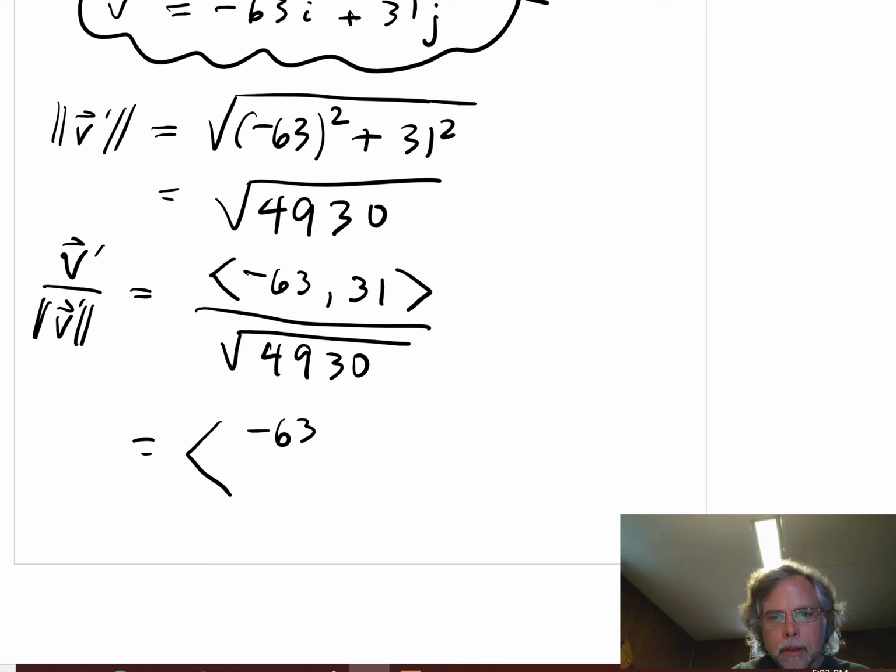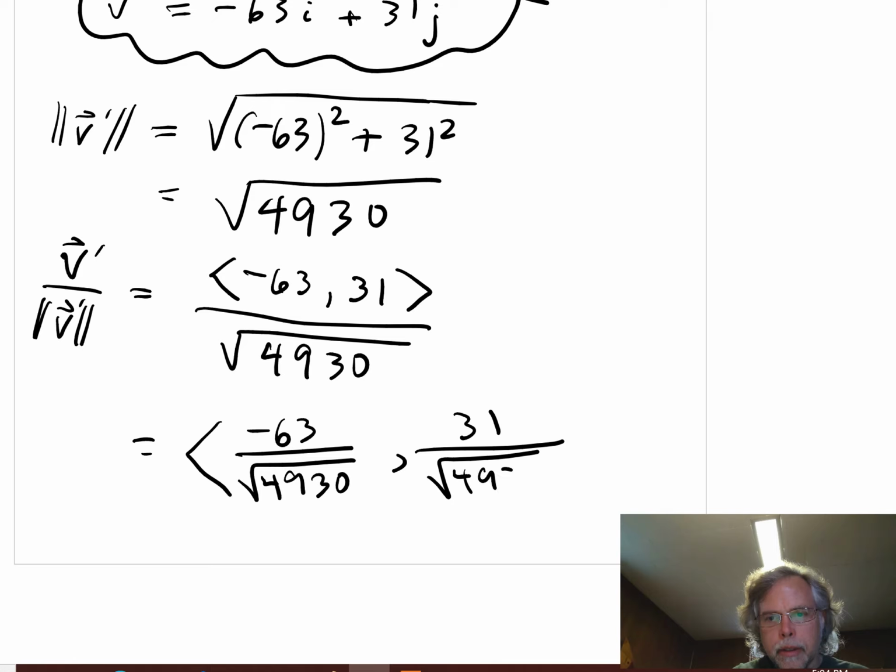So that's negative 63 over the square root of 4,930, 31 over the square root of 4,930.